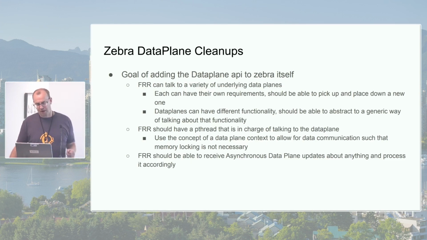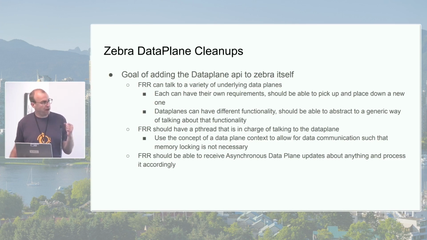We also want FRR to have a p-thread that is in charge of talking to the data plane. One of the key factors is that we want a context that we can pass down from the upper level, and back up from the data plane itself to Zebra, about the change being talked about.